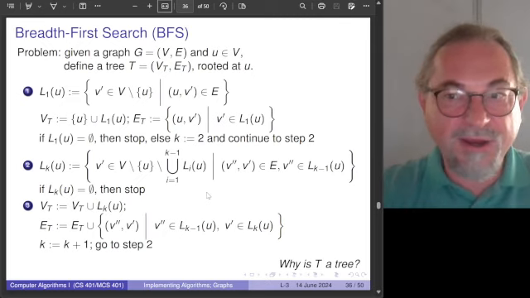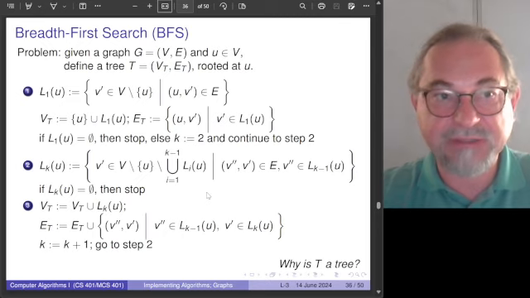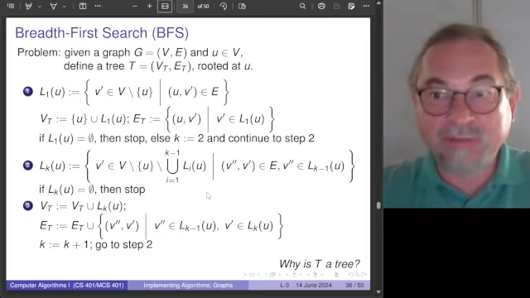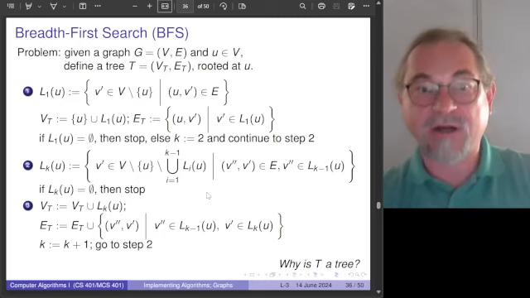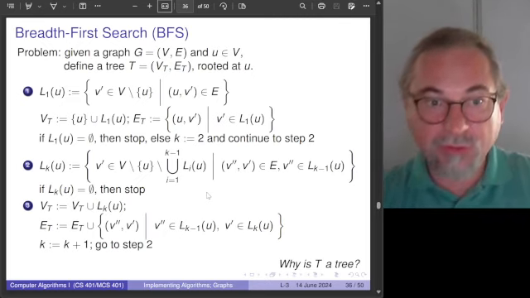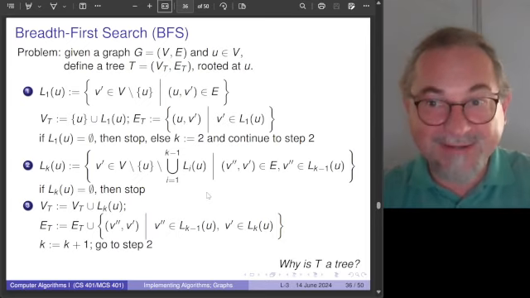Okay, the bottom line question is, why is it a tree? It's not because we say that it is a tree that it is a tree. Well, what is a tree again? It's an undirected, connected graph without cycles. We don't cycle back. That's already one thing, and all the layers are connected to each other. That's one way to show this by using the definition. You could also use the characterization.